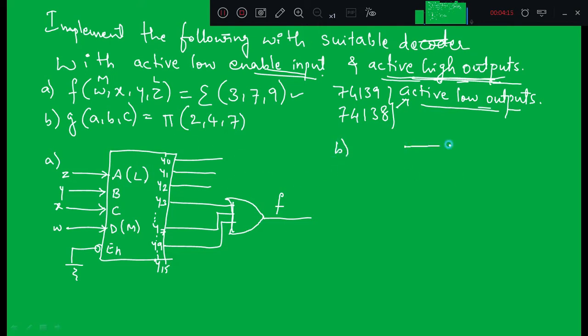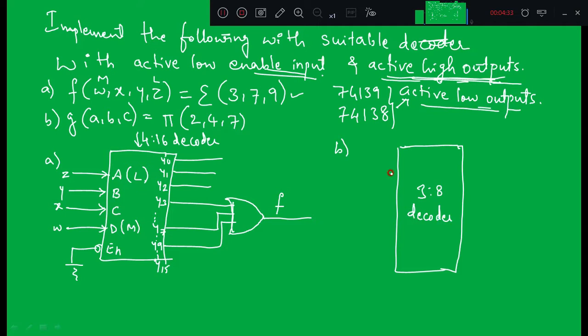Next, let us discuss the second function, which is pi. Again I'll take a 3:8 decoder. This one was the 4:16 decoder, and this is the 3:8 decoder. I'll connect 3 inputs, shown as capital A, capital B, capital C, where A is LSB and capital C is MSB, right?